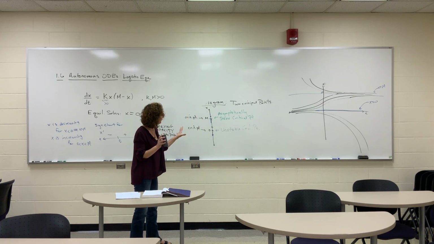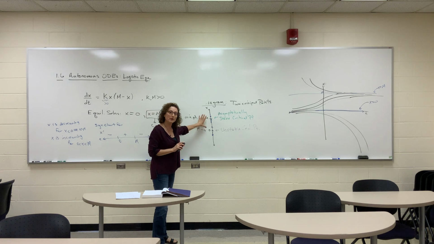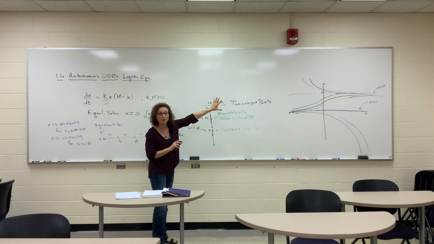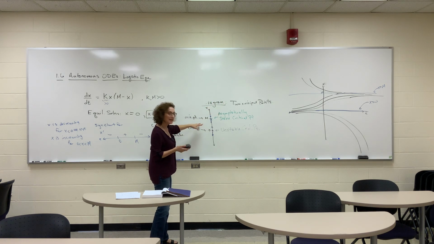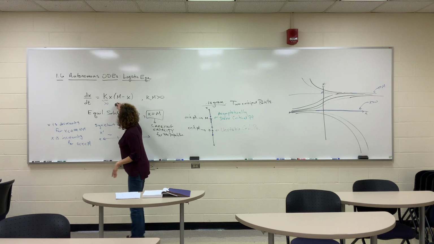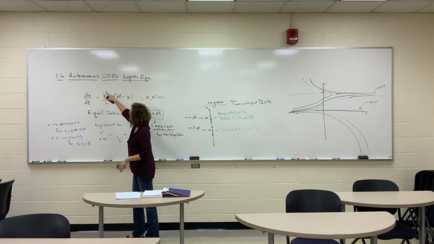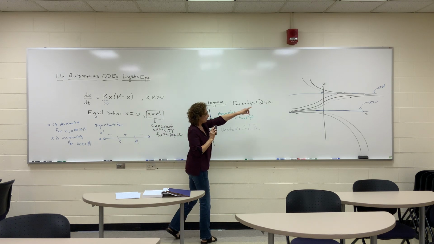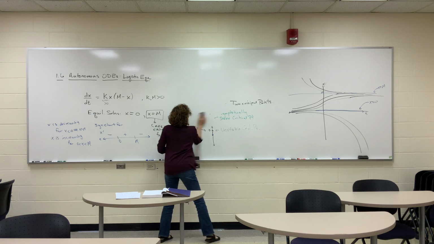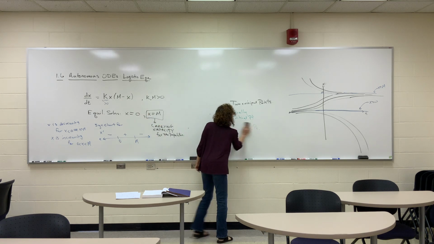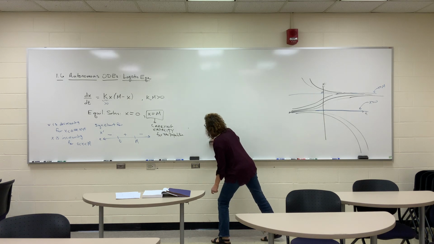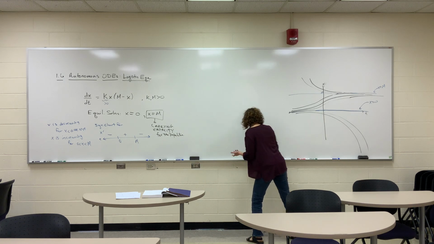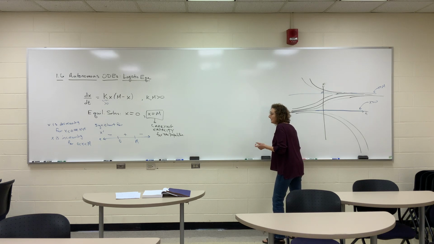Before I erase this, this was quick and easy, right? Faster than doing all of that stuff that we were doing back on the last quiz, right? That's kind of nice. Again, you can only do that when you've got a nice autonomous differential equation, okay? This guy is a little more complicated when you've got your independent variable involved. So these little diagrams are super nice because they're quick and fast.